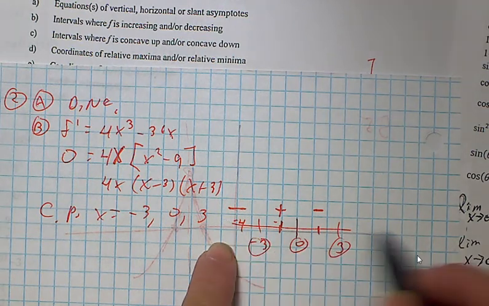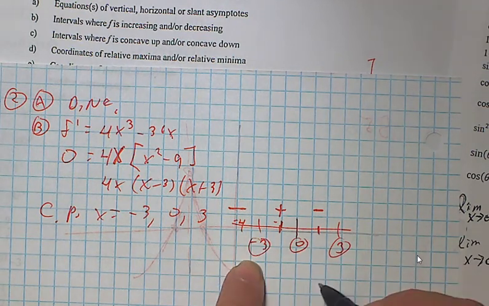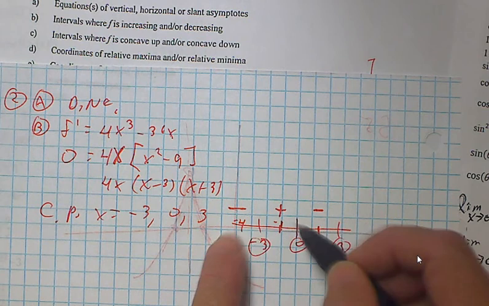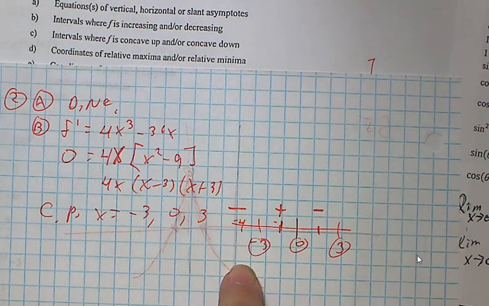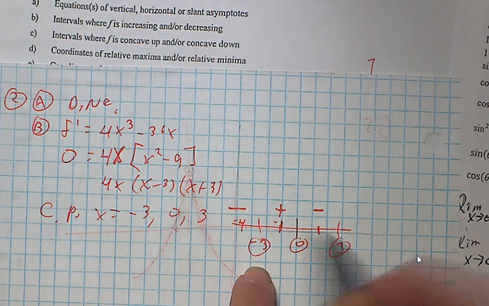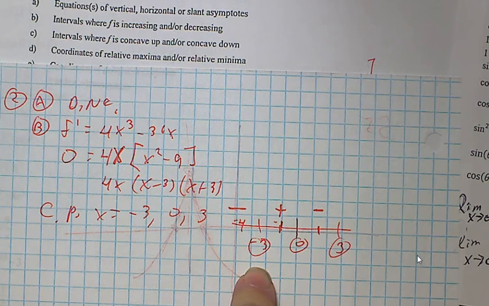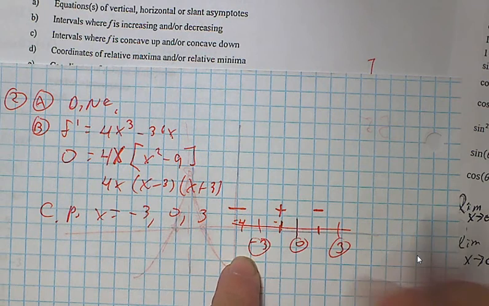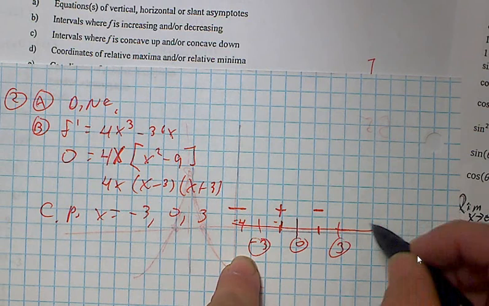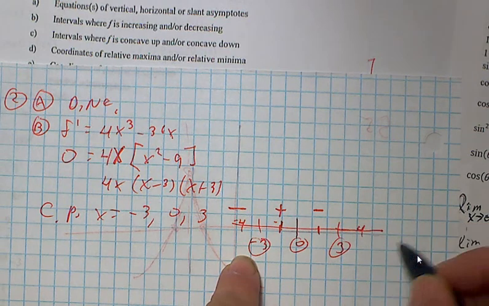I'm picking values around them so I can test if we're increasing or decreasing. These are going to be zeros. This is the way I'll do it every time. These are my critical points I'm testing. The numbers I'm putting around them are just the ones that are going to allow me to do the test. So +4, positive, positive, positive.